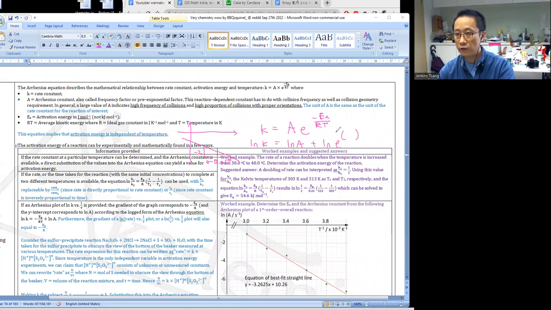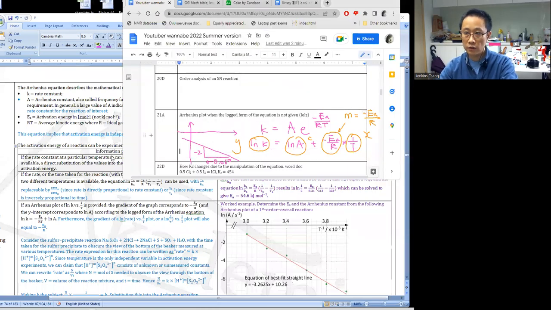Natural log and e undo each other, so you'll have ln A minus EA over RT, and I write the equation like this. Then you can recognize that 1 over T is the x-axis quantity, ln K is the y-axis quantity, so ln A will serve as the y-intercept, whereas the gradient of your Arrhenius plot is negative EA over R. Therefore, the activation energy equals the negative of the gradient times R. For this particular question, the choice A is the correct answer because the gradient is 2 over 0.06.